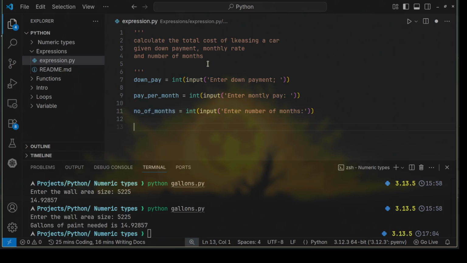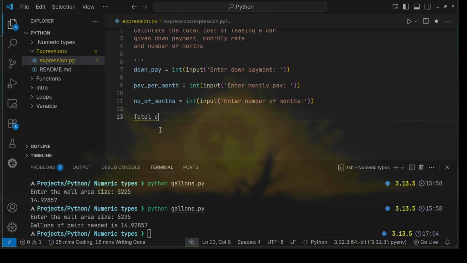So how do we calculate the total cost? Total cost of leasing a car given the down payment. We'll have a calculation similar to an expression to get the total pay.